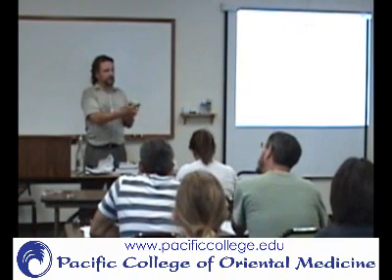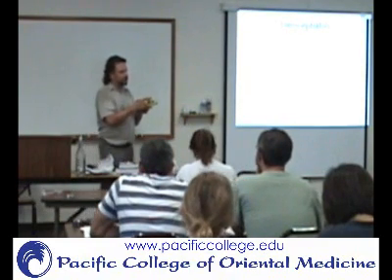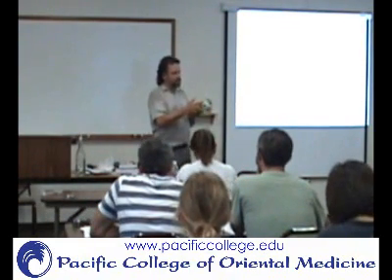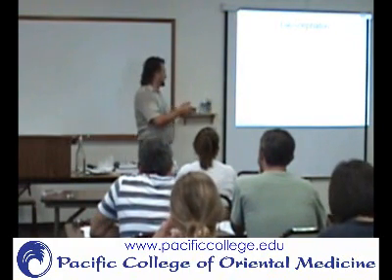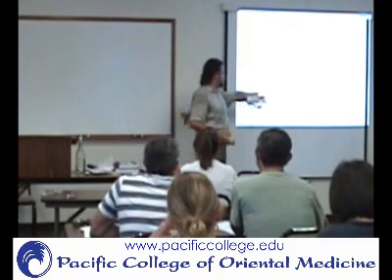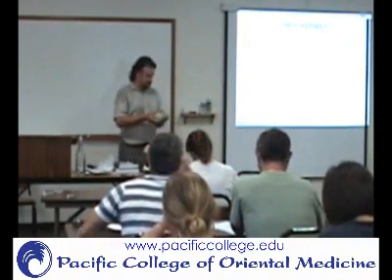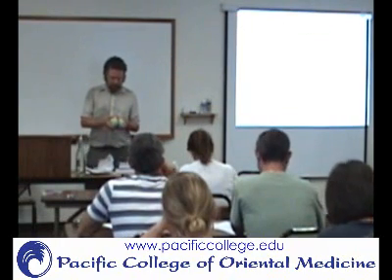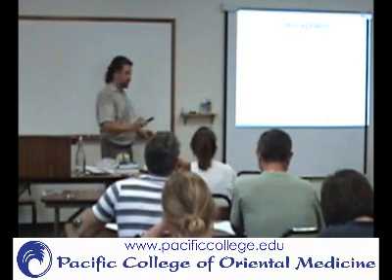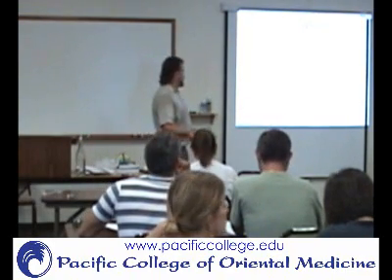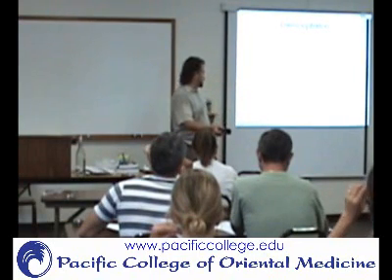So you have the central sulcus between the frontal lobe and the parietal lobe, and then the precentral gyrus and the postcentral gyrus. The postcentral gyrus is sensation, and the precentral is motor. The postcentral gyrus also has to do with the location of pain.